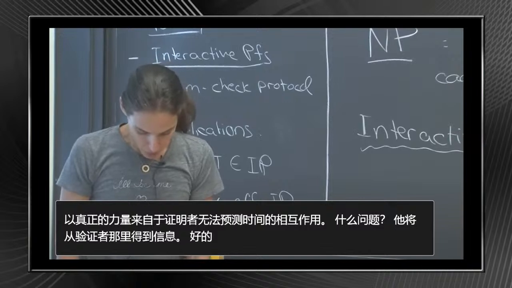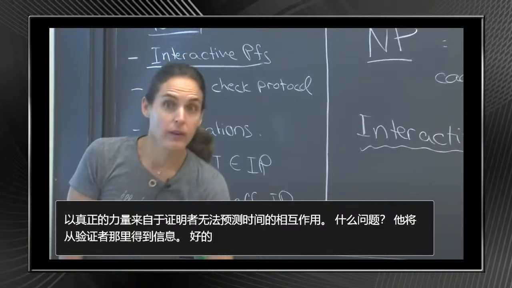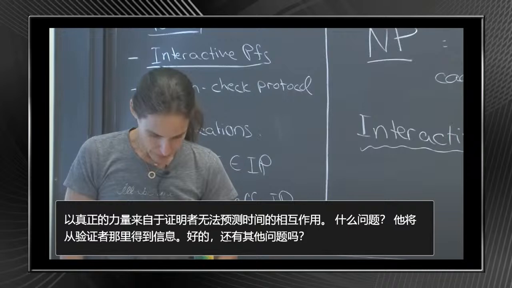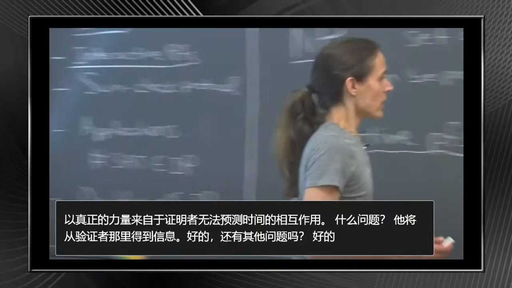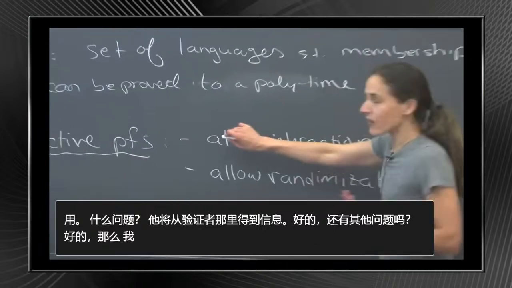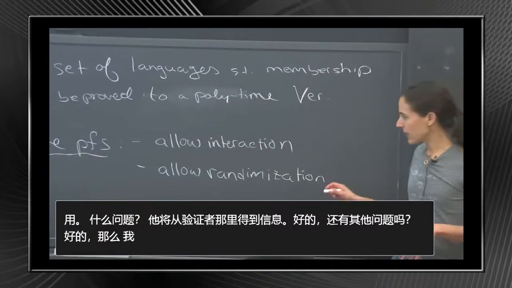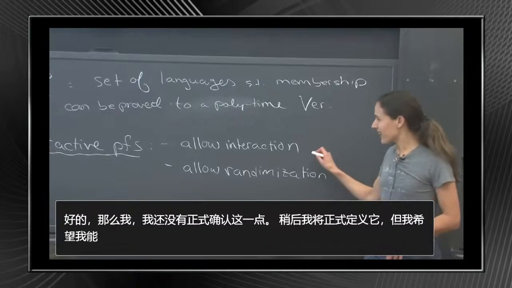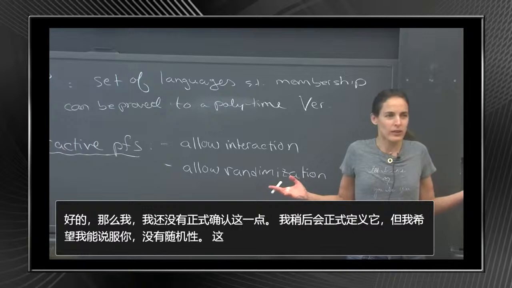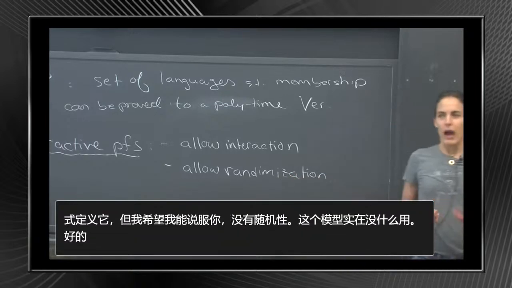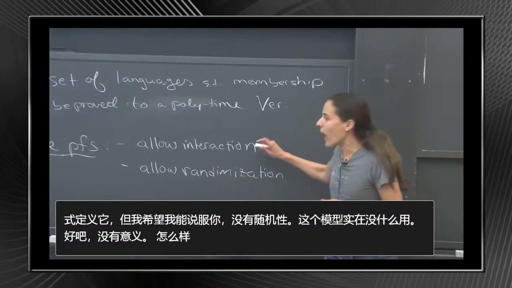Any questions? I didn't define this formally yet; I'll define it formally in a bit, but I hope I convinced you that without randomness, this model is really useless. There's no point. How about without interaction?